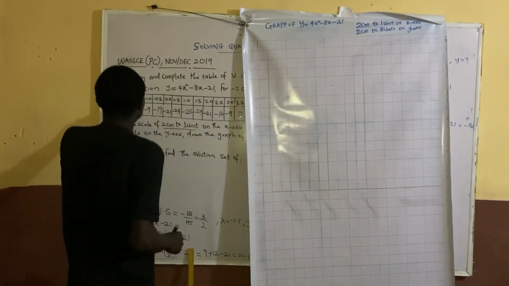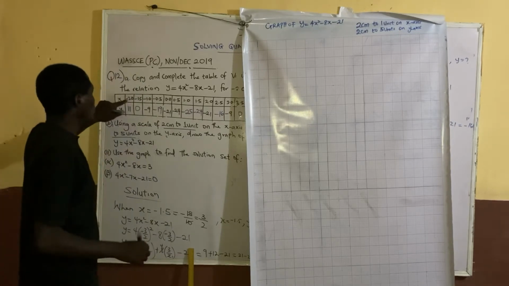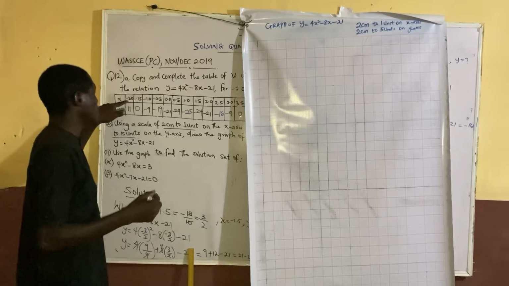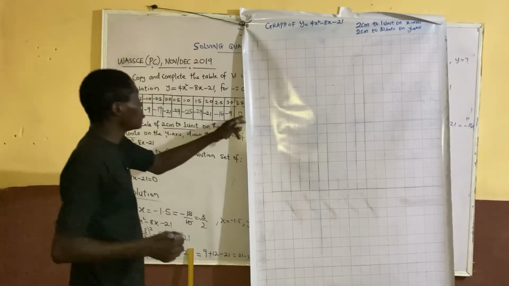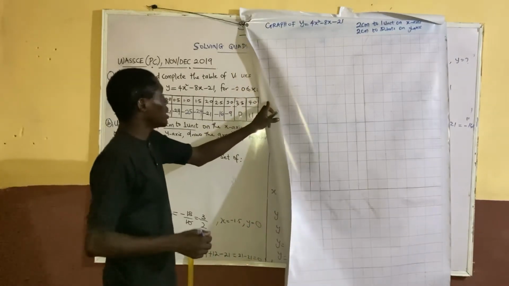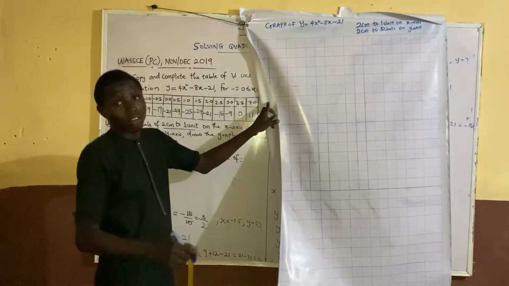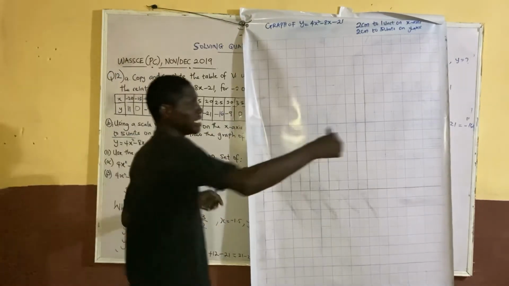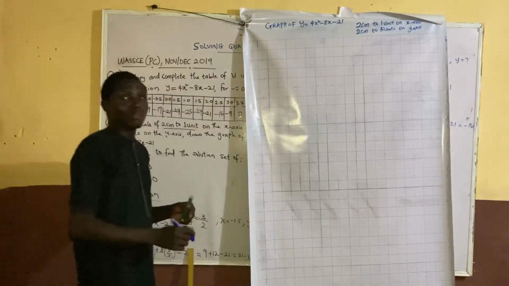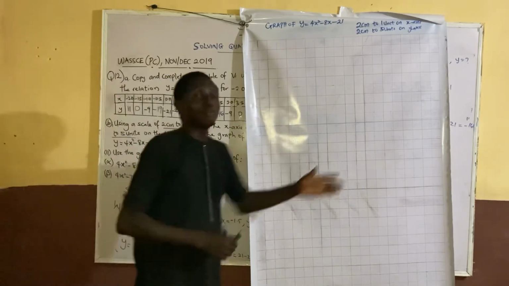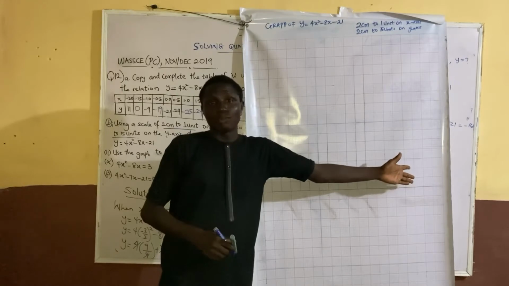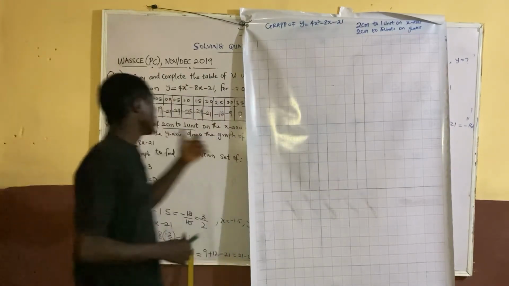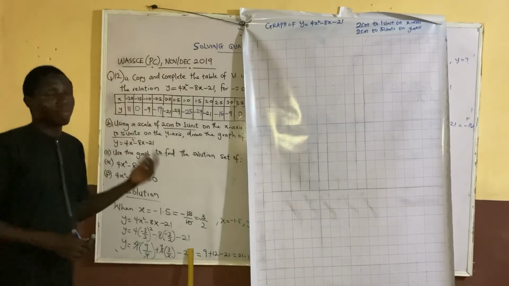Now look at this. For x, the minimum value of x, on the negative side, is minus 2.0, and the maximum value on x, on the positive side, is 4.0. So it means that on the positive side, you will be needing much more space, because it is 4, but on the negative side we have minus 2.